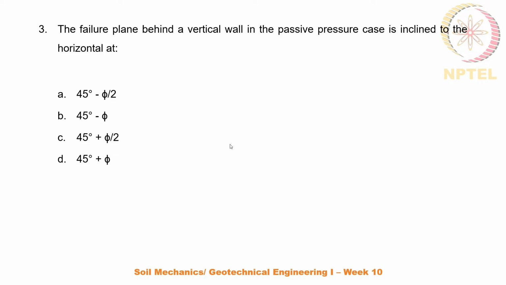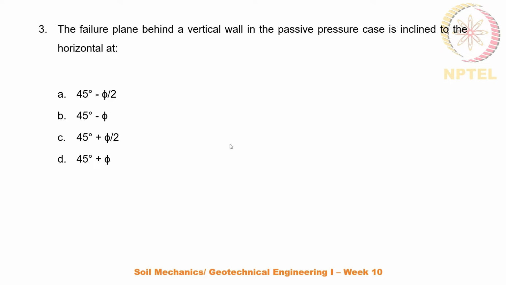All right. Now, question number 3. The failure plane behind a vertical wall in the passive pressure case is inclined to the horizontal at. So, in the case of passive earth pressure, the failure plane behind the vertical wall is inclined to the horizontal at which angle? Option A 45 degree minus phi by 2.